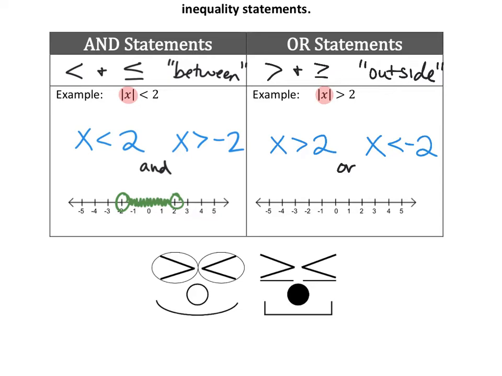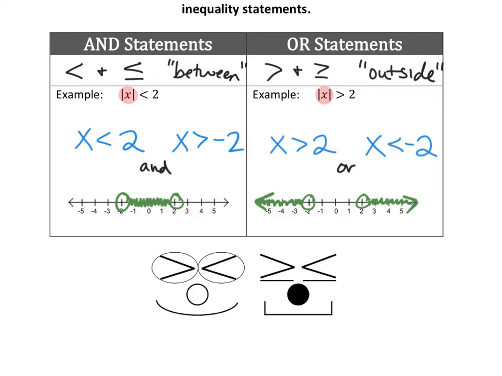So when you write your answers, you can't say and this and that. For this type of symbol, you would say or. But what that does for my number line is I still have -2 and 2, but this time I'm going on the outside of them and coloring in both outsides, not between them, on the outside. We're saying x has to be greater than 2 or x has to be less than -2.